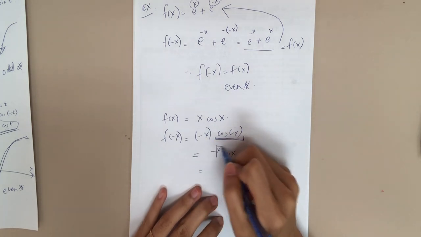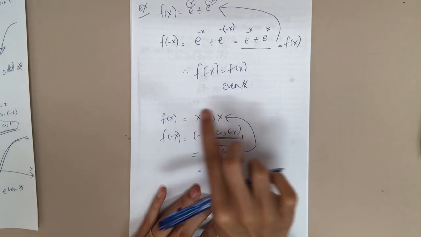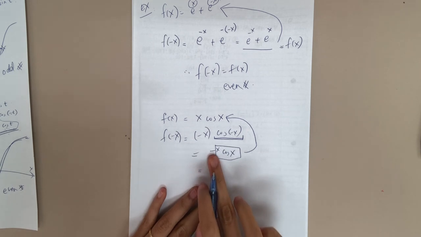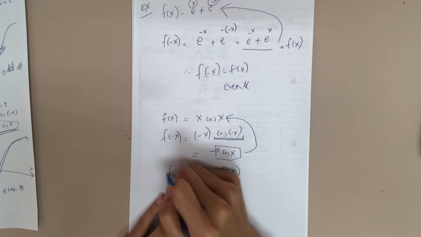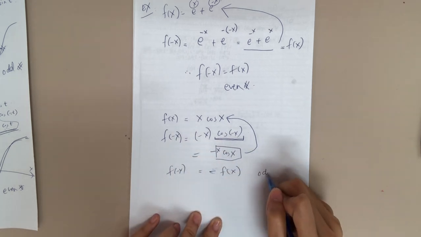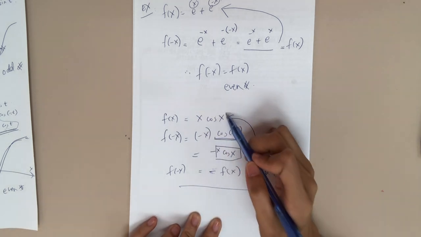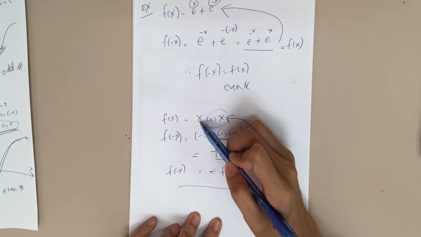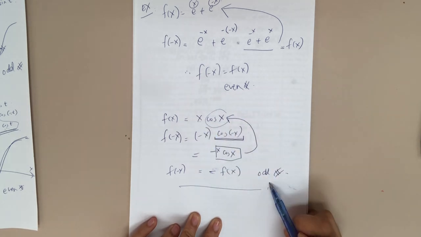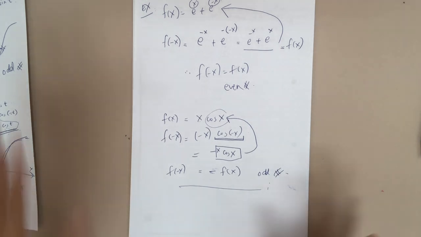So x cos x with a negative outside is equal back to your original equation, so it means it's negative f(x). Therefore, this is an odd function. Cos x just now is even, but when it's multiplied with x, it becomes odd. So this is how the properties of odd and even functions apply.